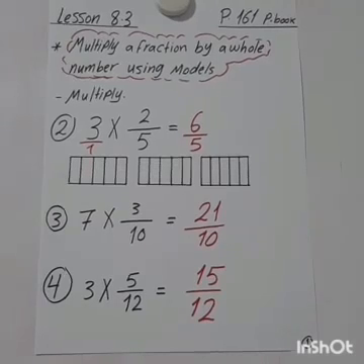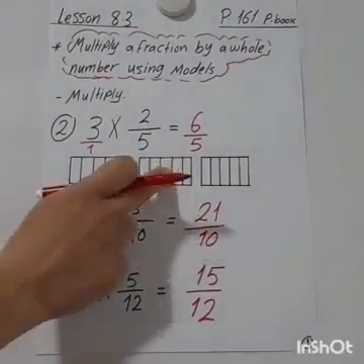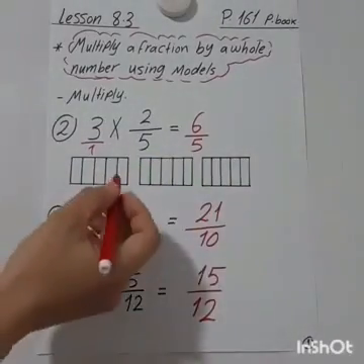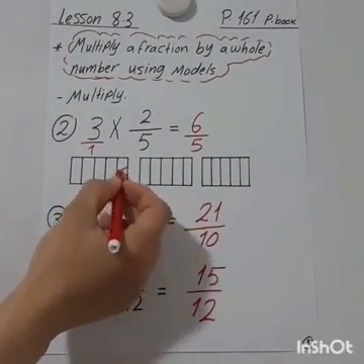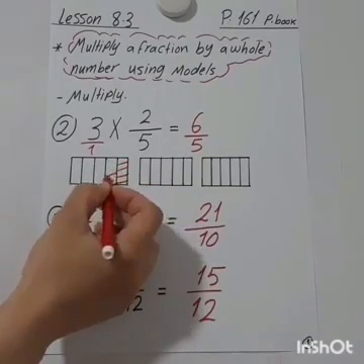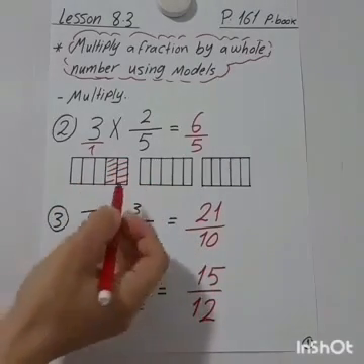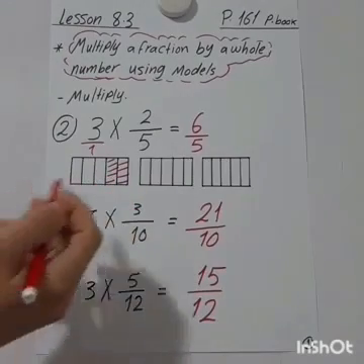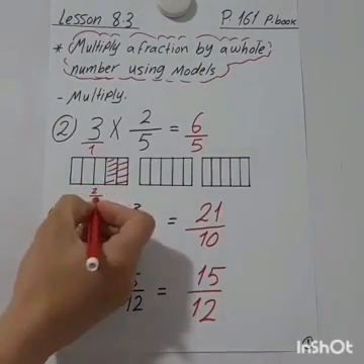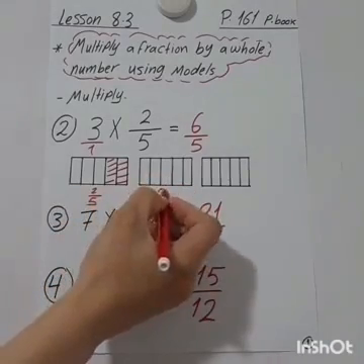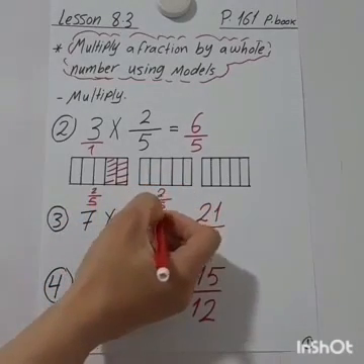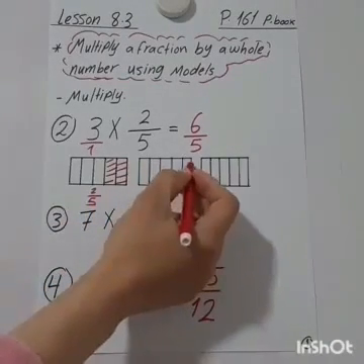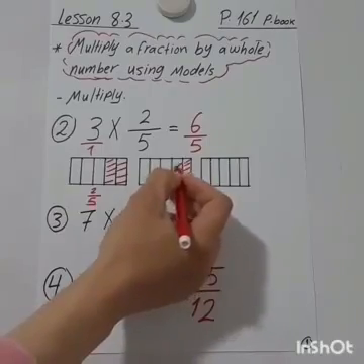How many models do I have? 3 models here. In each model, 2/5. 1, 2 over 1, 2, 3, 4, 5. So this is 2/5, and this is also 2/5.